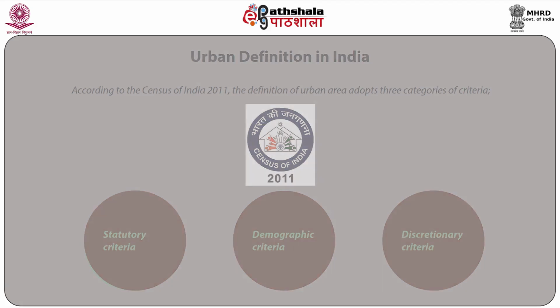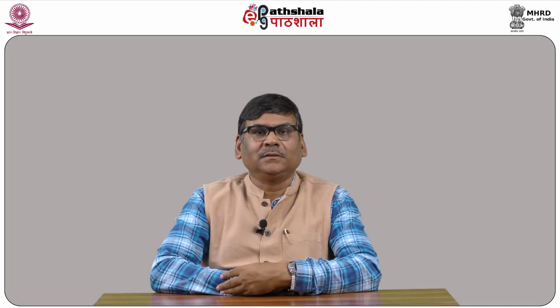And these demographic criteria are a minimum population of 5,000, at least 75% of the main working population engaged in non-agricultural pursuits, and a density of population of at least 400 per square kilometer. If all three criteria are satisfied, the place will be declared as urban.